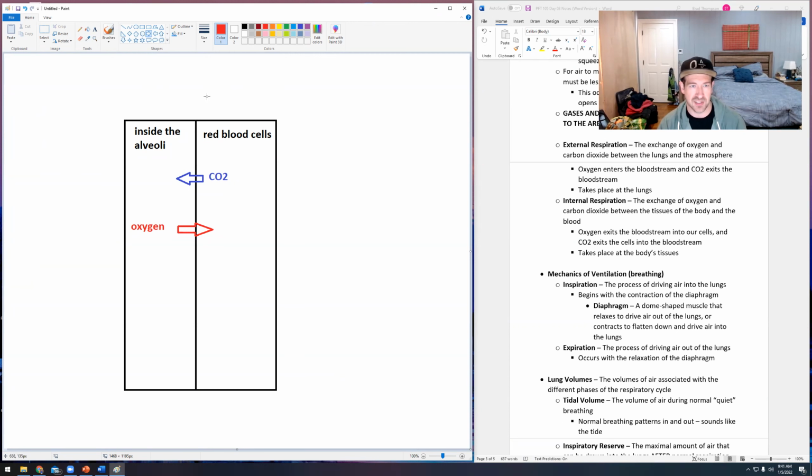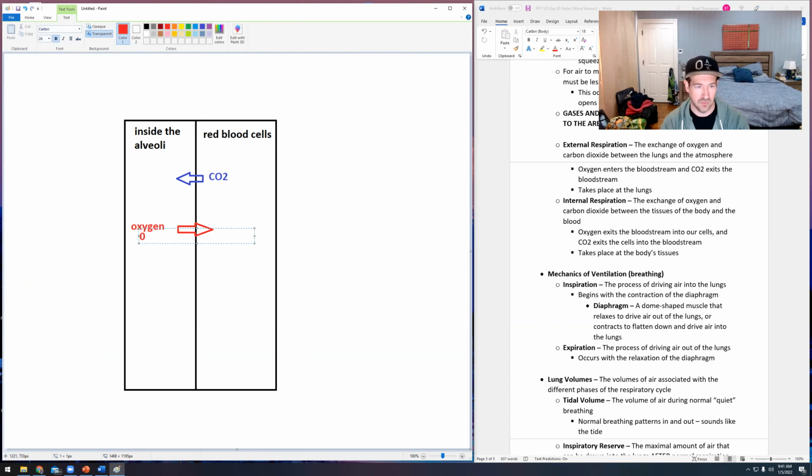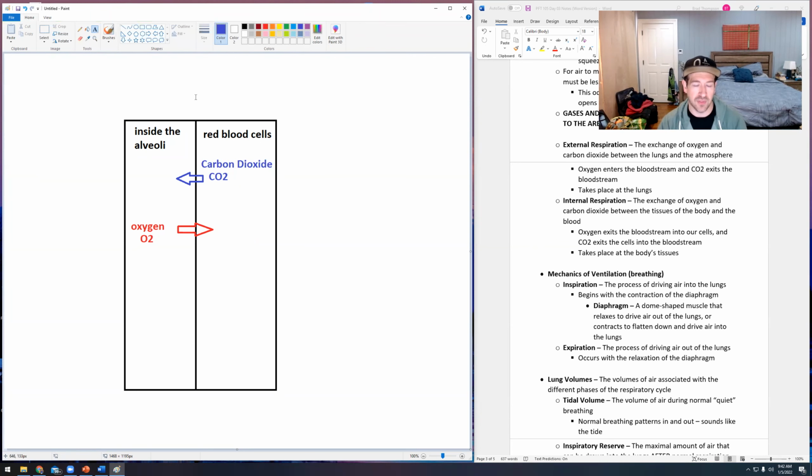So red blood cells here are moving oxygen molecules, and that's O2. And this is carbon dioxide, that's CO2, right?